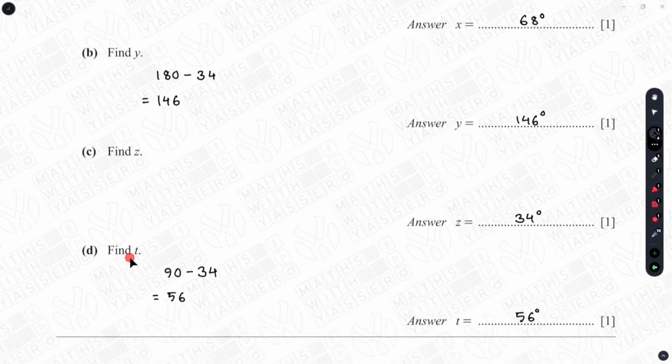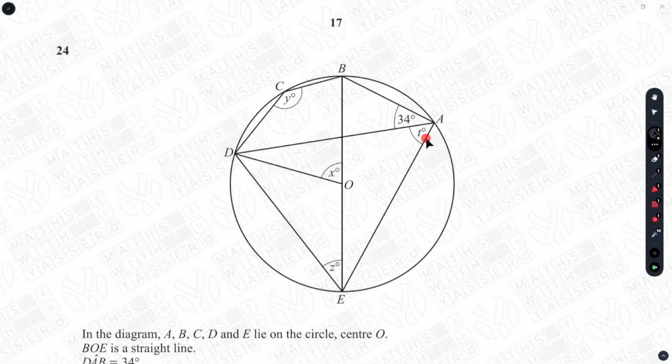Then it says find T. To find T, if you consider the triangle A, E and B, if you just simply focus on this triangle, you can see that EB is the diameter because O is in the line EB.